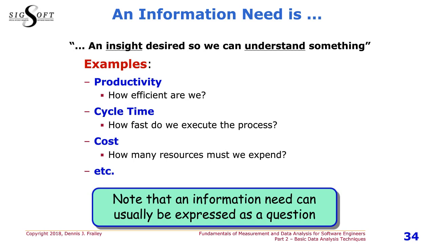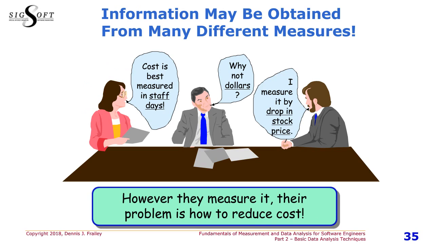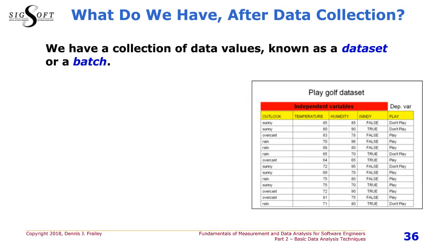And often there are many different ways to measure something, and the information need might be the same, but the way you measure it might be different. And so part of what you have to do is to say, what can I measure, and will that satisfy my information need? Okay, now once we have some data and we know what information we want, what do we do with it?